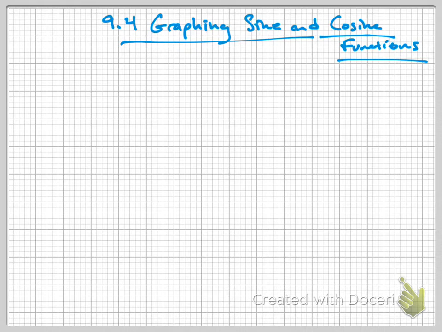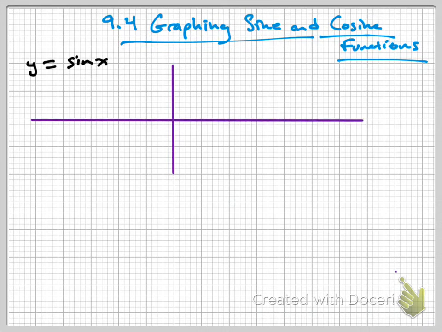So if we're going to start with our sine function, we're going to graph y equals sine of x. What I'll do here is make my coordinate plane, and then let me switch to purple here.